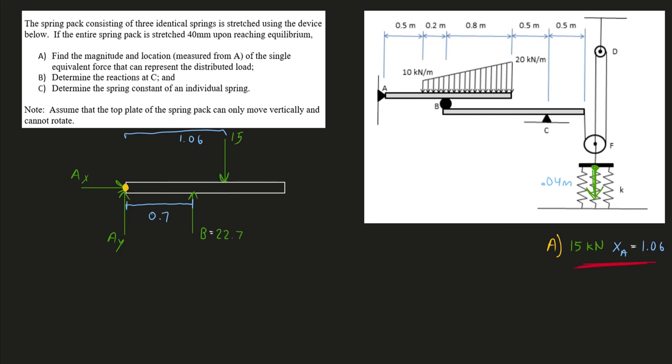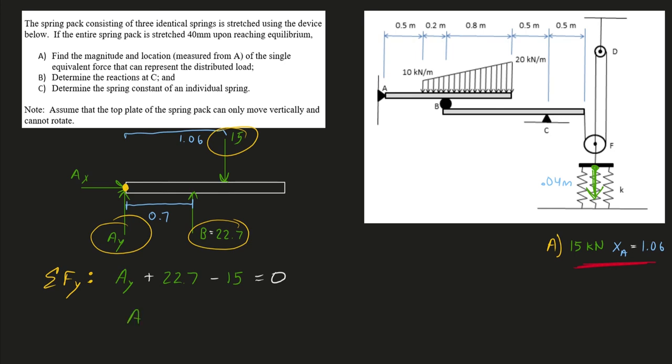I can now do a sum of the forces in the y direction. So here's my equation. And I can easily use it to find that AY will equal negative 7.7 kilonewtons. So I'm getting a negative here, which means that my assumption was incorrect. My assumption being that AY was acting up. Now that's okay.